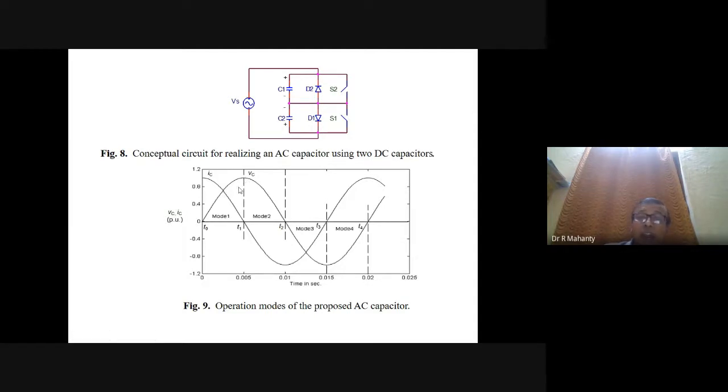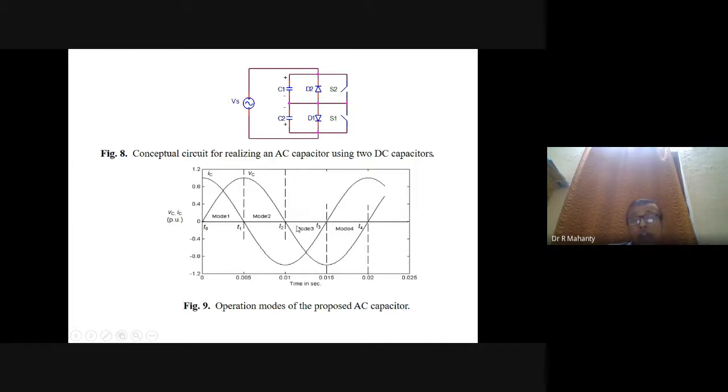At this point, that is at the beginning of mode 2, at T1, you turn on switch S1, and this capacitor starts discharging. At the end of this mode, T2, the capacitor is completely discharged.